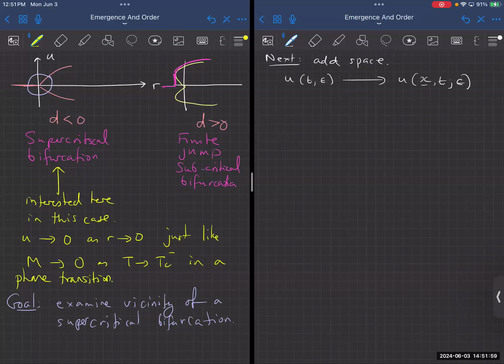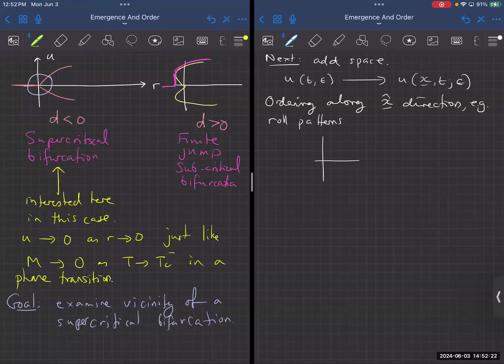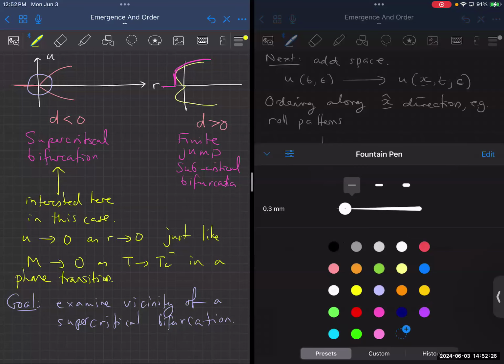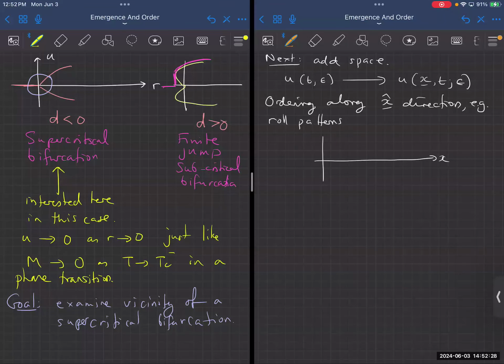And then we saw last time that we can have ordering along the space direction, e.g. roll patterns. So we're going to be thinking about it looking like this. This is the x-axis, and then I'm going to be plotting along here, say, the maximum of these rolls.